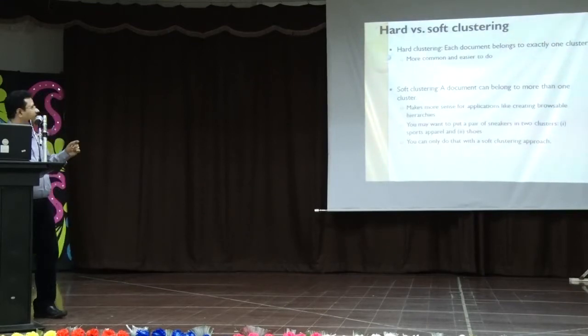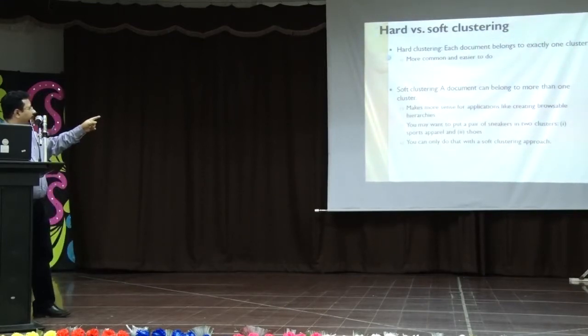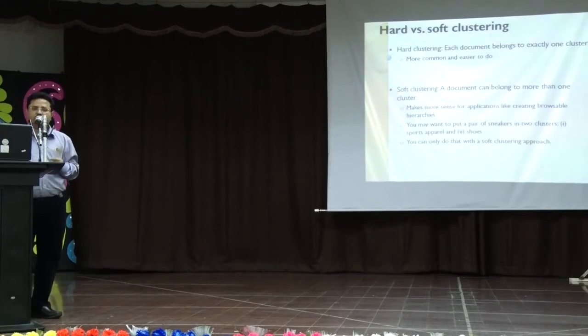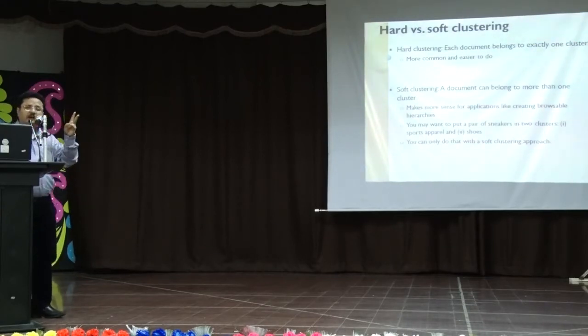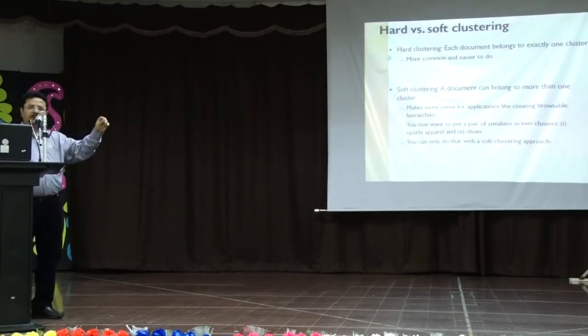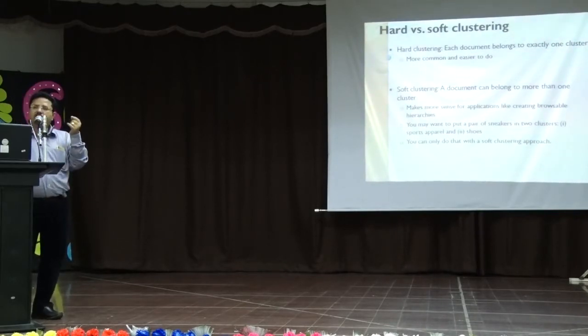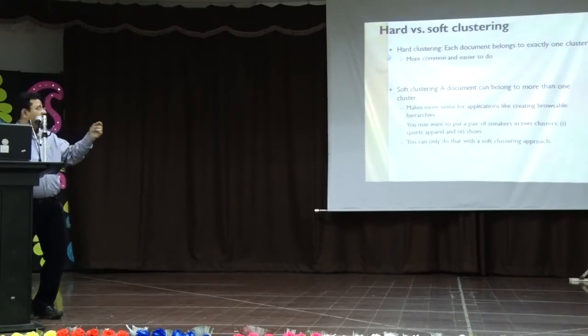For example, you can put a pair of sneakers, that means shoes, into two clusters simultaneously. One is sports apparel, another is shoes. So you see, a pair of sneakers can be classified or clustered into more than one cluster, one cluster being the sports apparel, another cluster being the shoe.